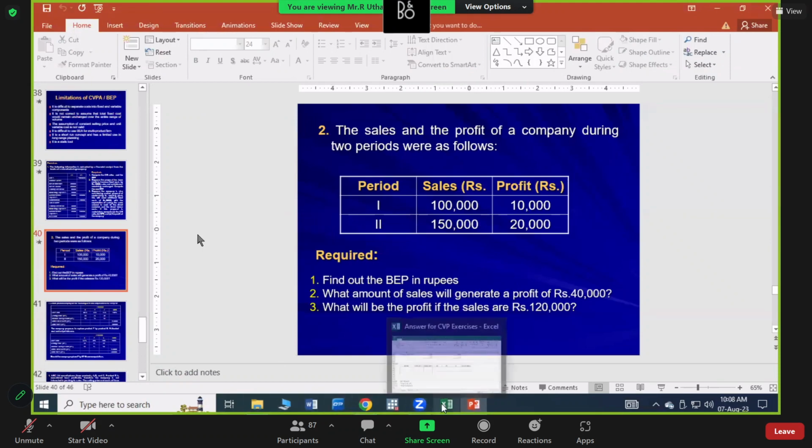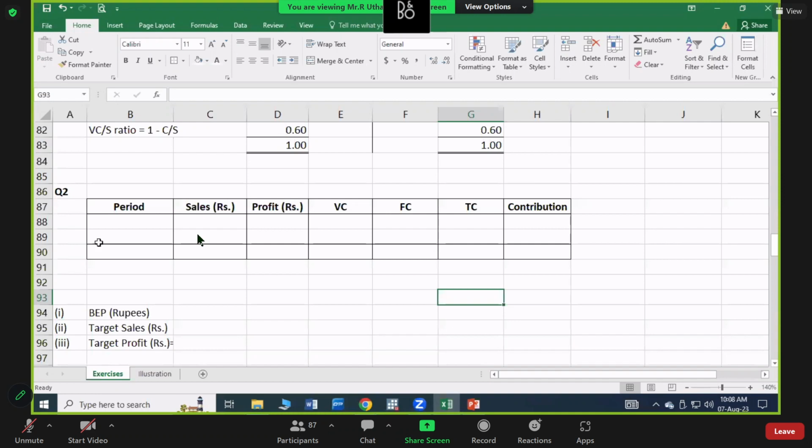Then you want to extend this data: variable cost, how much; fixed cost, how much; total; then the contribution, how much?